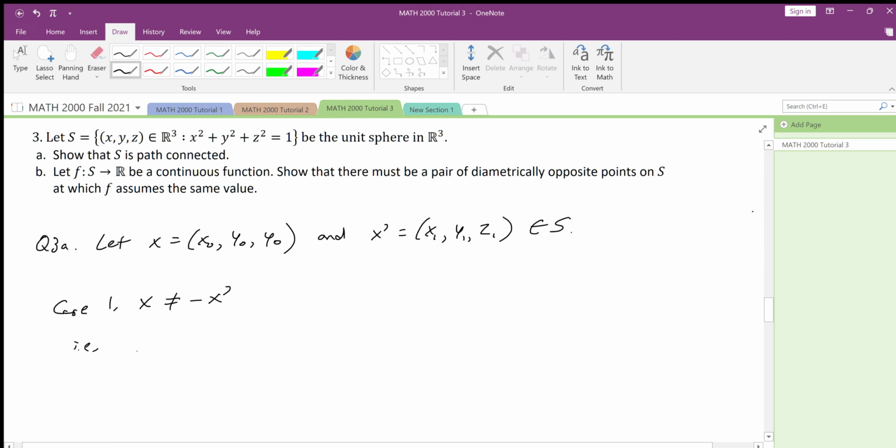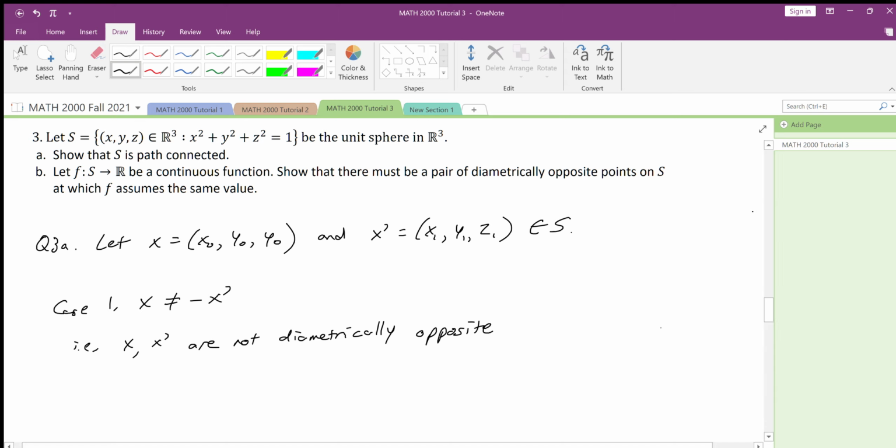So what's that meaning? It means x and x prime are not diametrically opposite. And you'll see later why we have to break it up into two cases. But for now, just bear with me.